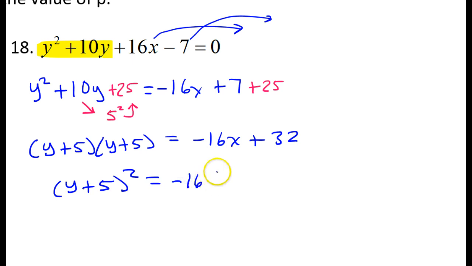So I'm going to take that negative 16 and factor it out. So if I divide both of these by negative 16, I will have x minus 2. 32 divided by negative 16 is negative 2. Just make sure if you did the distributive property, you would get back your original expression.